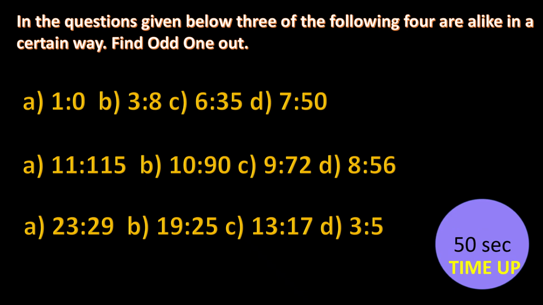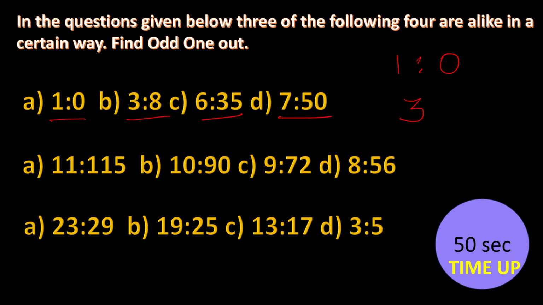Time up, students. First one is what? 1 is to 0. Then you have 3 is to 8, 6 is to 35, 7 is to 50. What do you think? What logic is used here? So if you check 1 is to 0, you'll not understand.